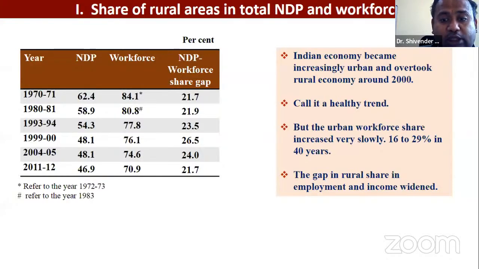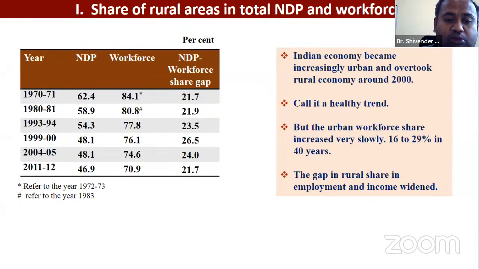It means only 16% of the total workforce was living or working in urban areas. Productivity of course was lower, because 84% of the population produced only 62% of NDP, so urban areas were more productive.